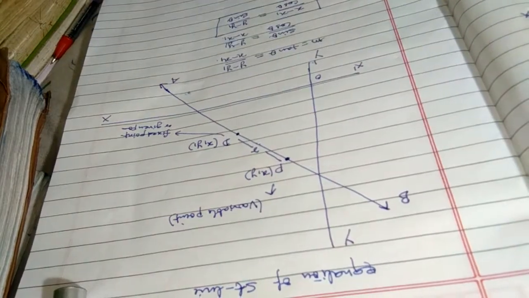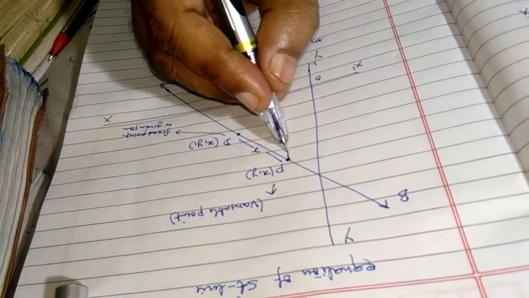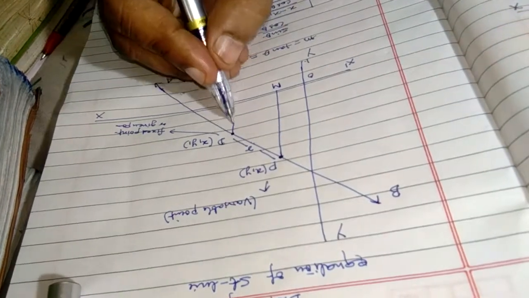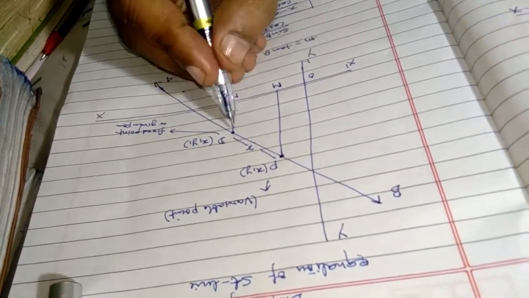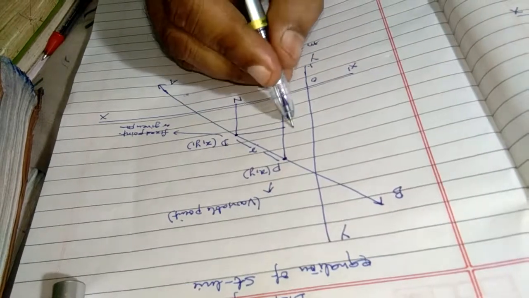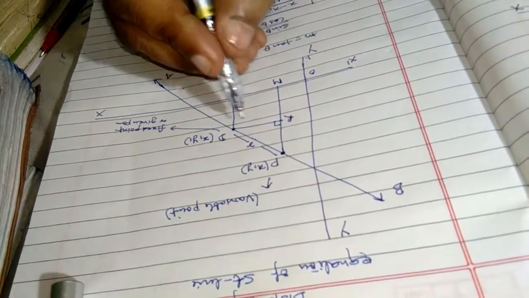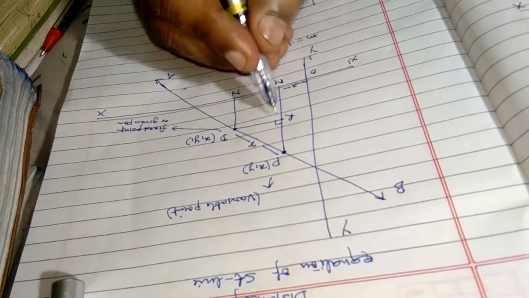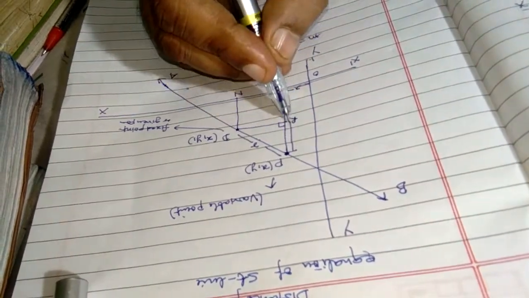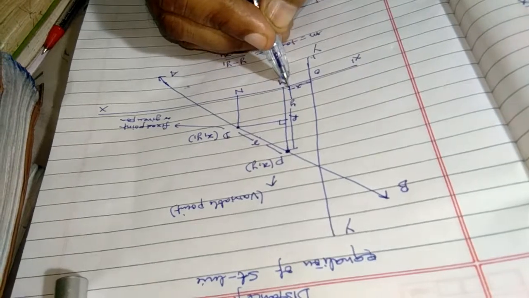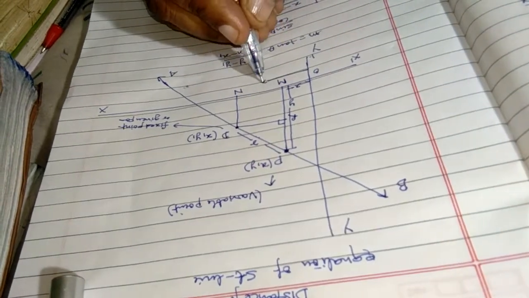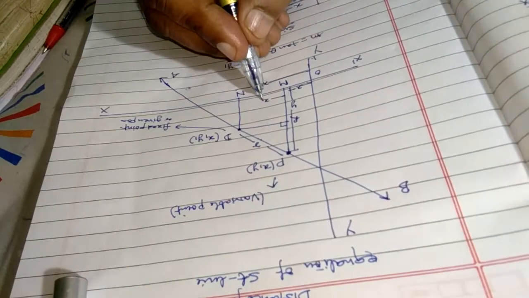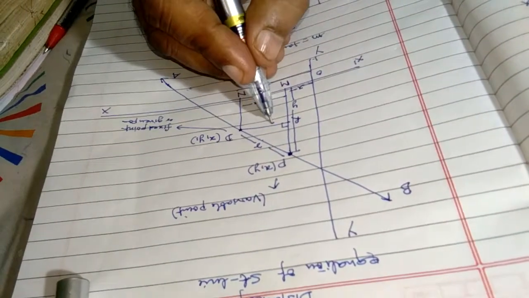So suppose we draw perpendiculars: PM is perpendicular, and from D, PN is perpendicular. So this value is x, this whole value is y, and this value will be x1, and therefore this value is x1 minus x.